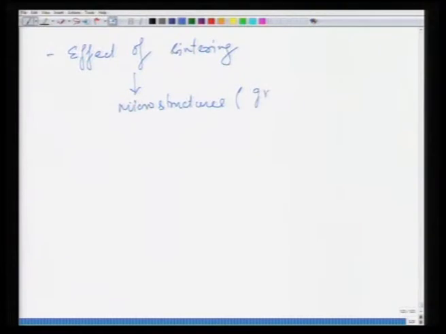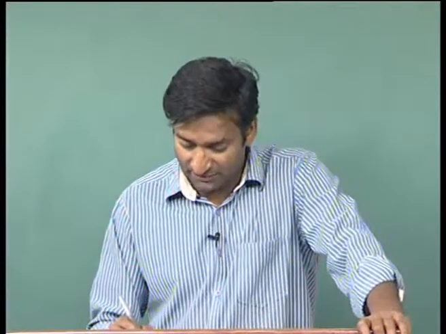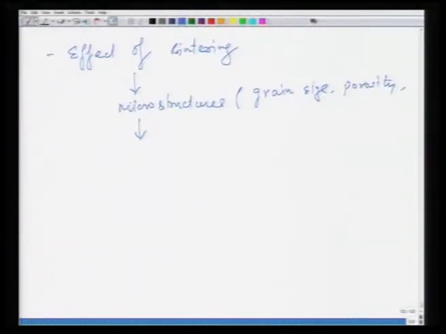Microstructure will mean grain size, porosity, and grain size would mean grain boundary as well, and the type of grain boundaries, whether they are insulating, whether they are conducting, etc. So essentially this has a dominant effect on the domain walls, the way they move, and this has a dominant effect on mu r.